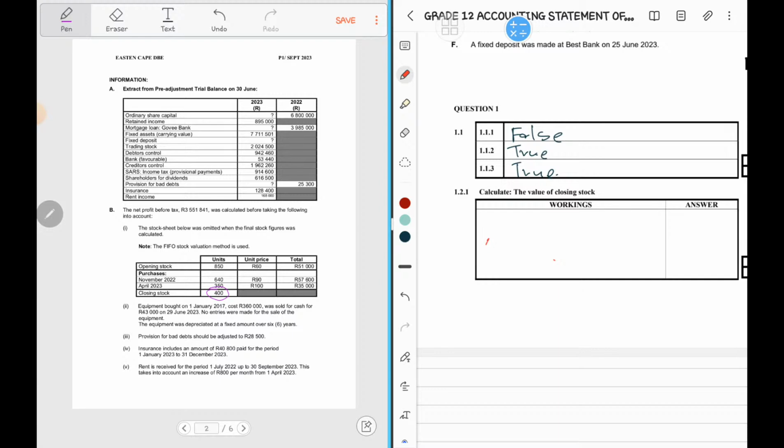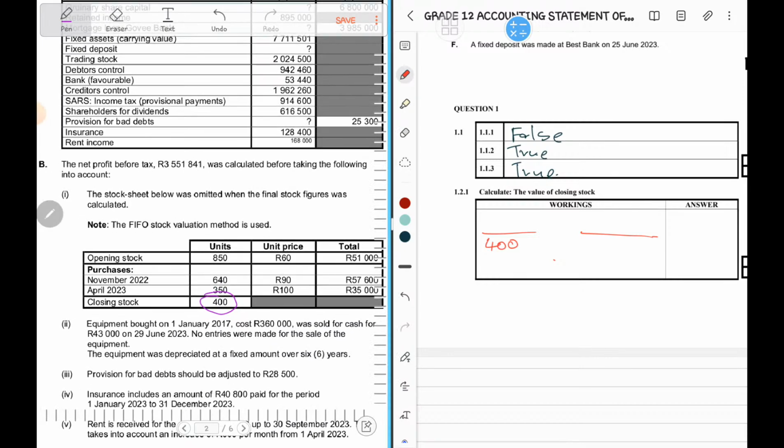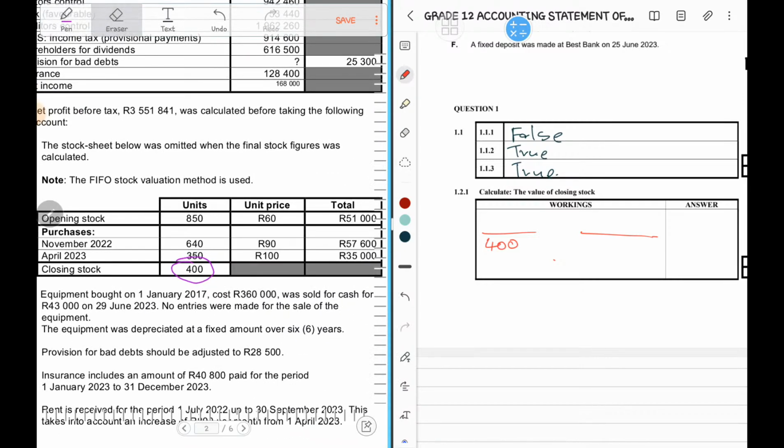So we're going to say 400 units on hand. Then we're going to base it on the existing purchases. Okay, so meaning that the 400 units, it's from when? Let me zoom here, since some of you are saying you can't see very clear.